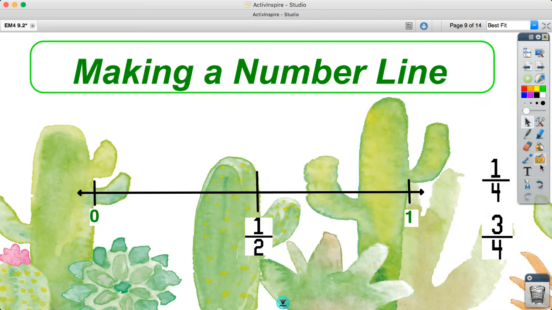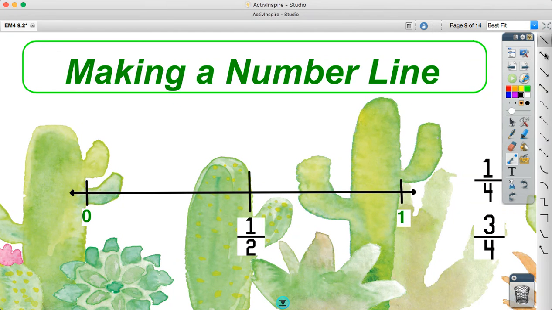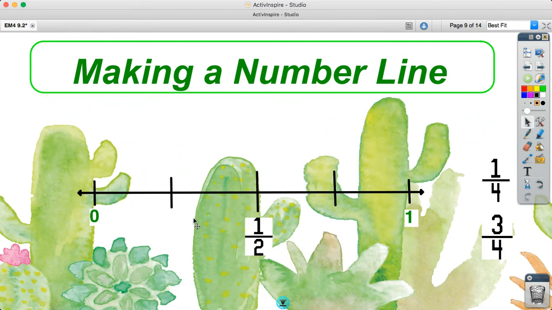Now, if I were to fold my paper into 4 equal parts, what would I name this tick mark? Remember, this is 1 out of 4 parts. That's right, I would label it 1/4.